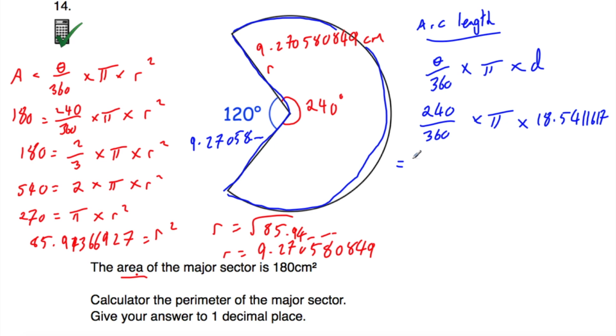So on my calculator, I'm going to do 2/3 or 240 over 360 multiplied by pi multiplied by the diameter of the whole circle. And again, that was on my calculator display, so I can just press answer, and that's equal to 38.83251825 centimeters.